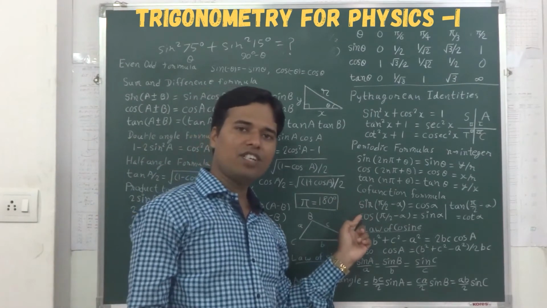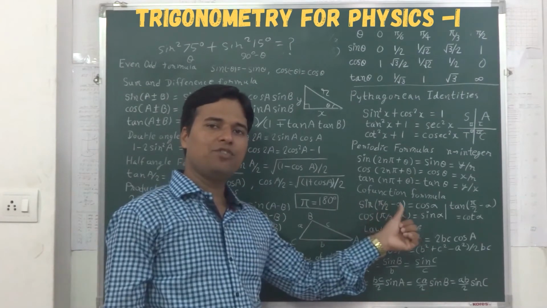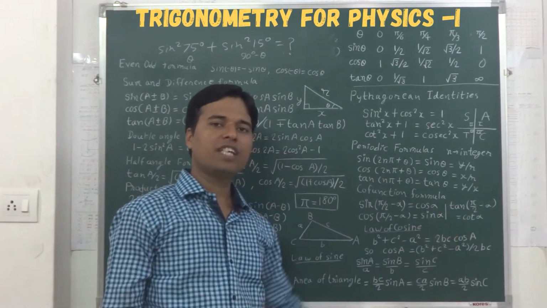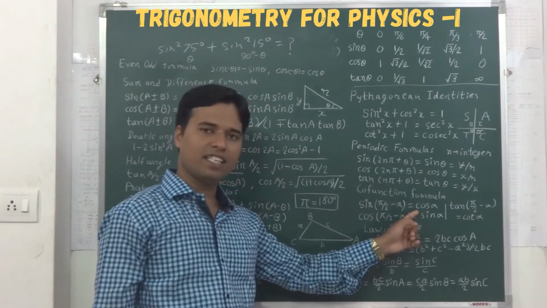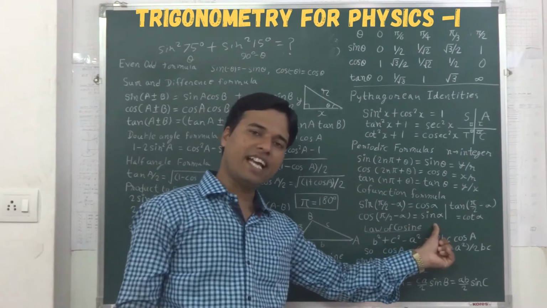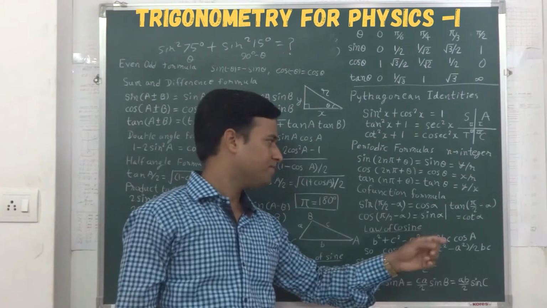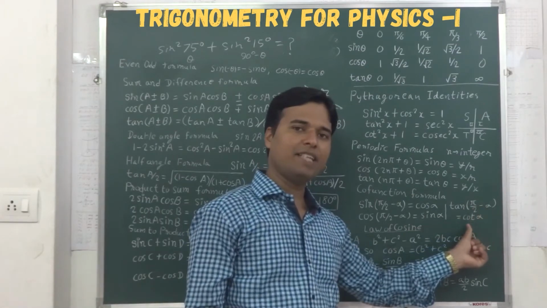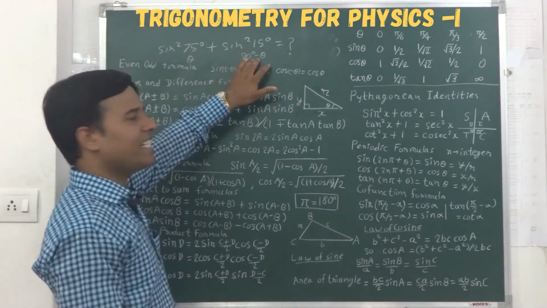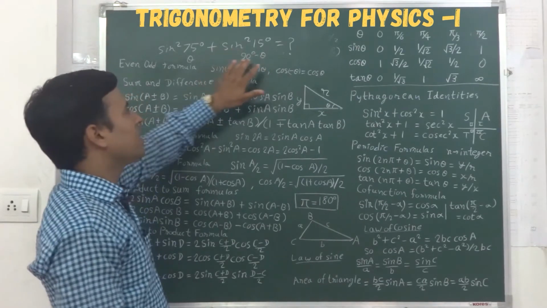These formulas are known as cofunction formulas. Sine of pi by 2 minus alpha will be converted into cos alpha without any change of sign here. Cos of pi by 2 minus alpha can be written as sine alpha without change of any sign outside. Tan of pi by 2 minus alpha can be written as cot of alpha. So this sine of 90 degree minus theta can be written as cos of theta.